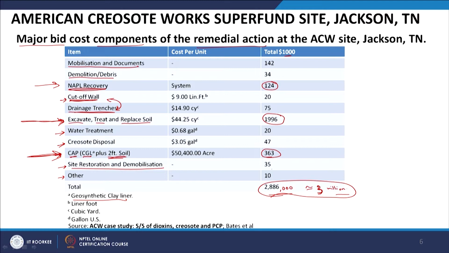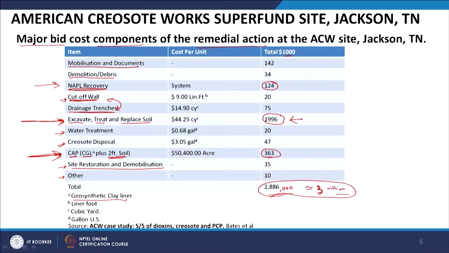We looked earlier at a case for excavation of the Moradabad site and how much it would cost. So, excavation, treating and replacing the soil is the major aspect here, but there are other aspects that add up to a considerable fraction too.